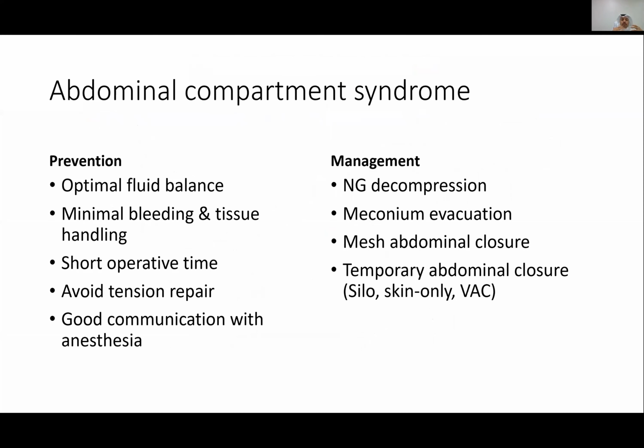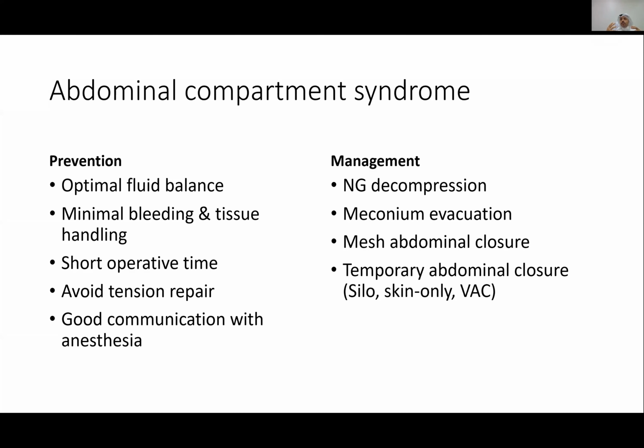Now, how do you improve the situation for the baby to be able to close, or even not close? NG decompression sometimes helps because it decompresses the stomach and allows some space in the abdomen. Meconium evacuation from the colon can sometimes help to lower the abdominal pressure. But if you can't, then the options are mesh abdominal closure, so you put a big mesh.